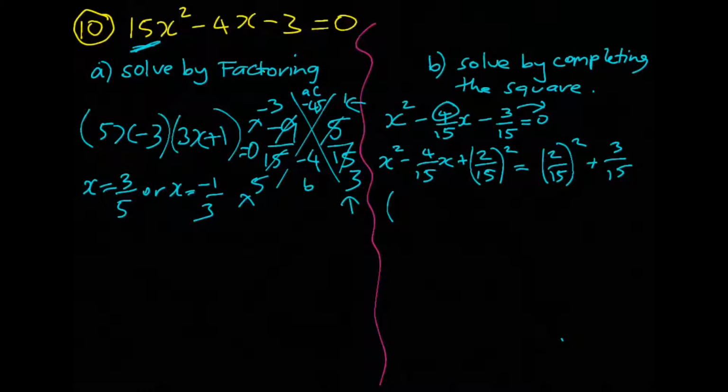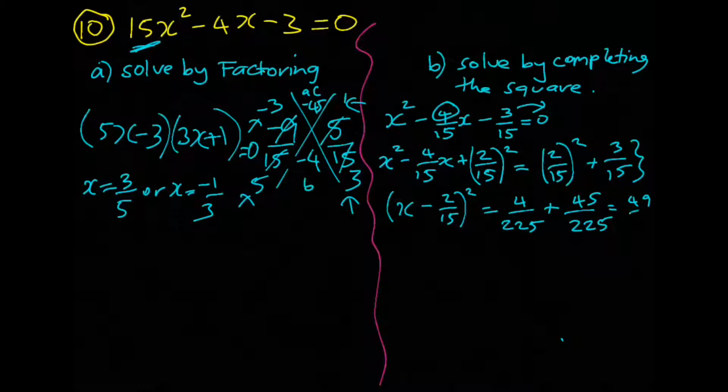So on the left side we've got x minus 2 on 15 squared is equal to 4 on 225 plus 45 on 225. So I've just multiplied top and bottom by 15 to get this, and that equals 49 on 225. Now we take the square root of both sides, which gives x minus 2 on 15 equals plus or minus 7 on 15. Bring this over to add.